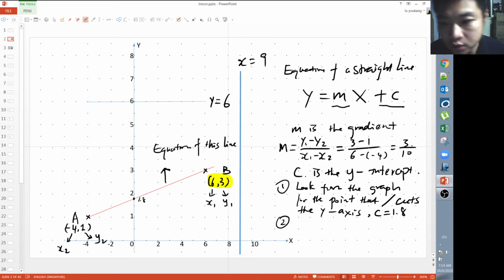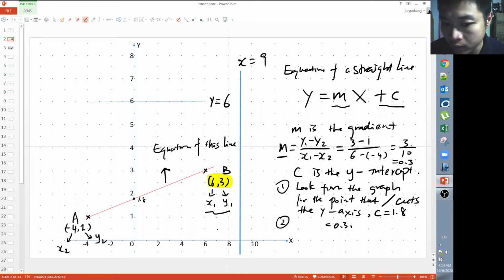But luckily, we have another way, which is by calculation. How? Since you already have your gradient, what you can do is substitute in the value of your gradient. So the gradient is equal to 0.3. Then you just need to pick one pair of x and y. I have decided to pick this.